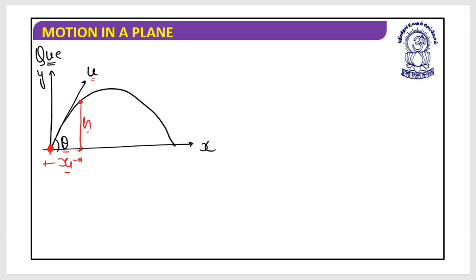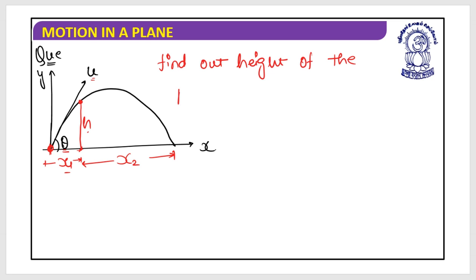My projectile just passes through it, and reaches a distance x2 from the pole. I need to find out the height of the pole. This is what they require.